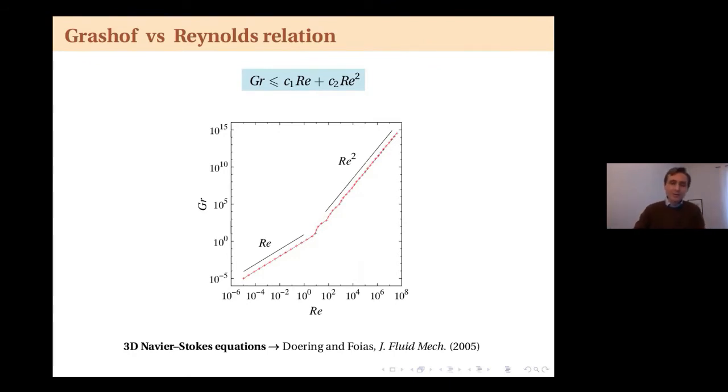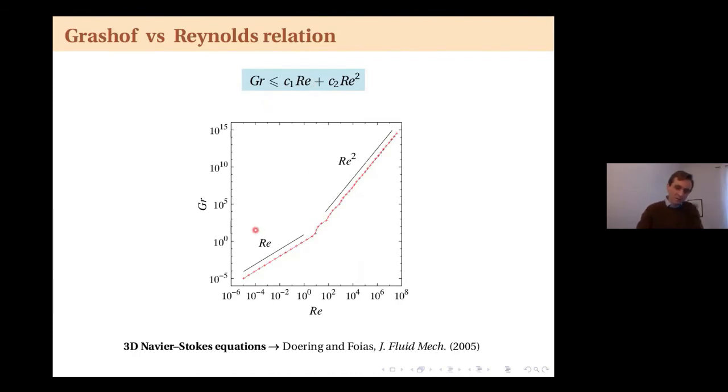And the second reason is that usually mathematical estimates are done in terms of the Grashof number, because the forcing is what is controlled, what is known a priori, whereas the physical estimates usually are based on the Reynolds number. So such a relation is useful because it makes a connection between the mathematical studies and the physical ones.